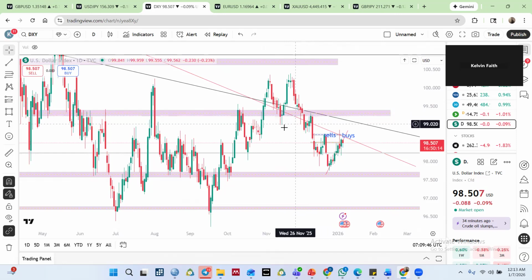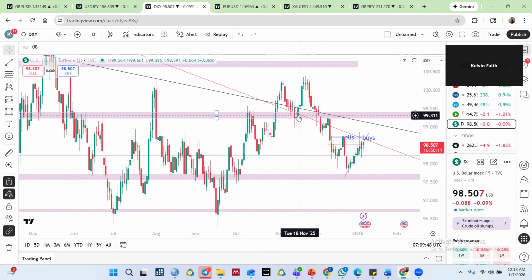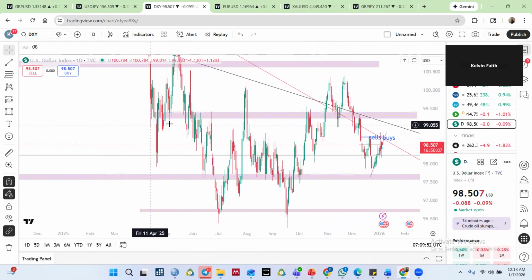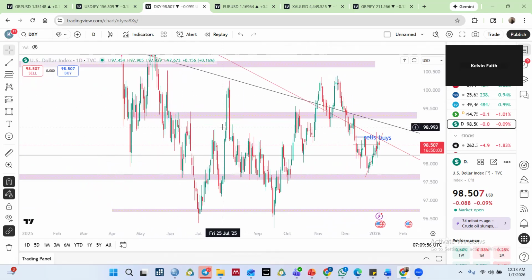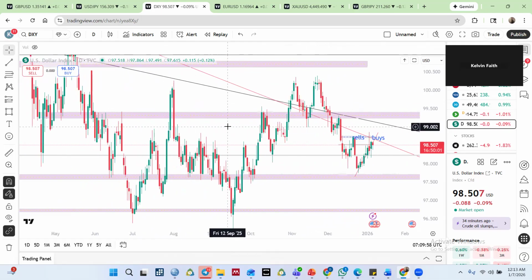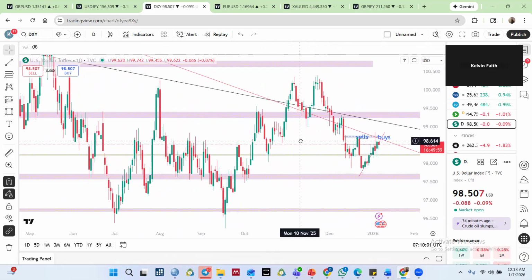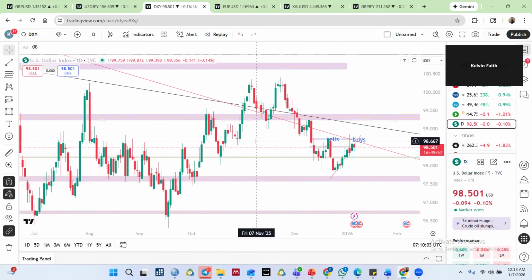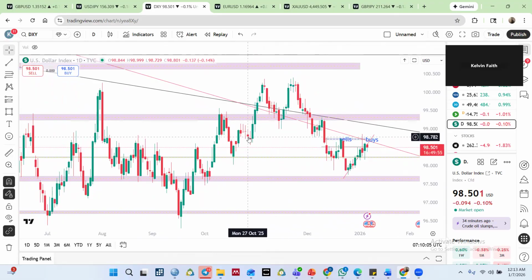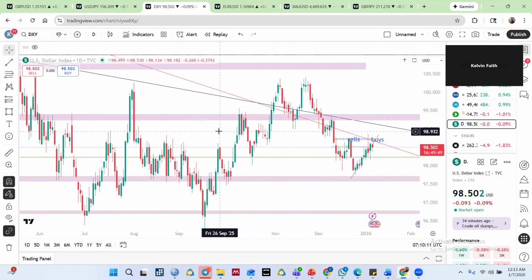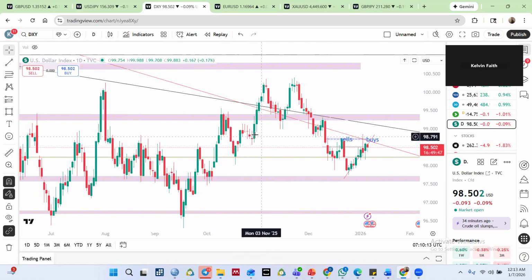What does this tell us? It means that all the buyers that are here look to be weak right now, and the main support turned resistance is likely to be holding. One thing that I like to always look at around these key levels or areas of interest is the direction of the market, and it looks bearish.